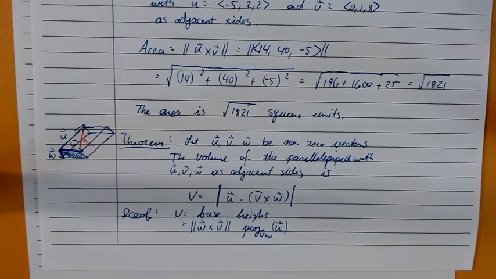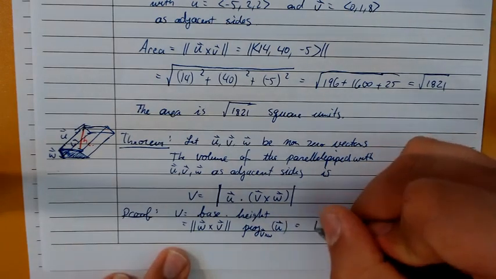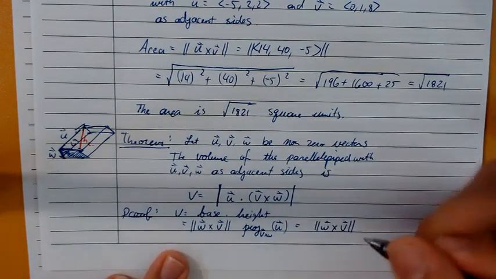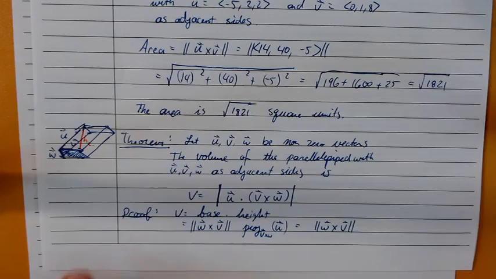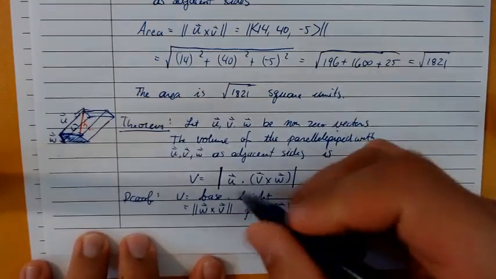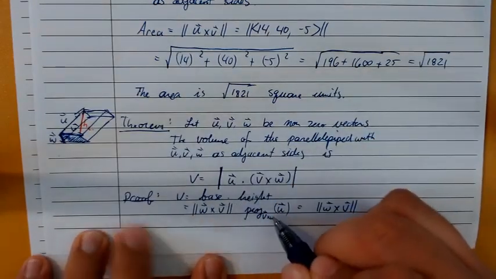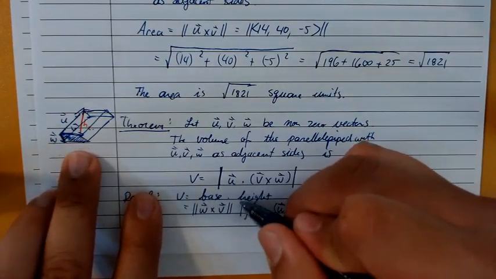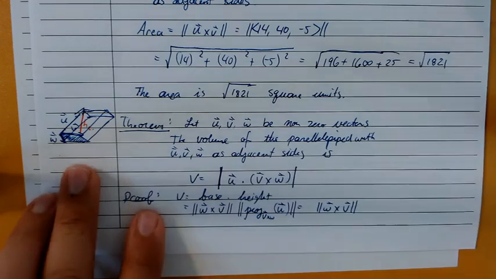Okay, but by definition, we know the cross product. Actually, my bad. This projection would give me a vector. I want a number, right? Base times height. So here I want the magnitude of the projection. There we go, much better.